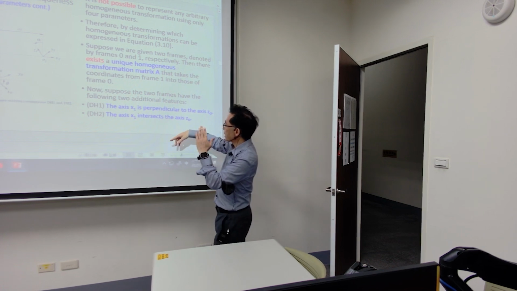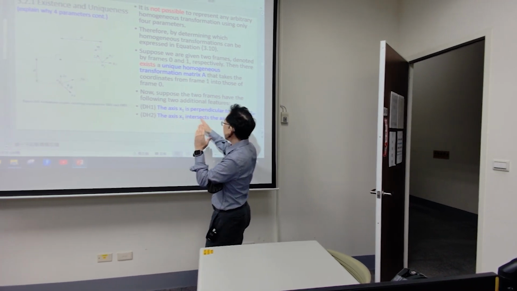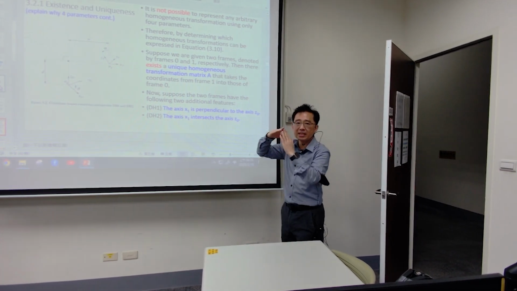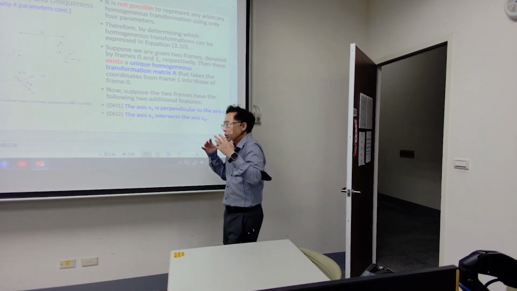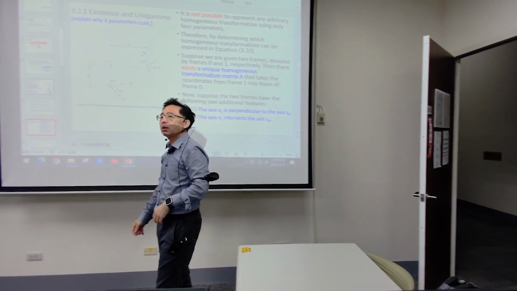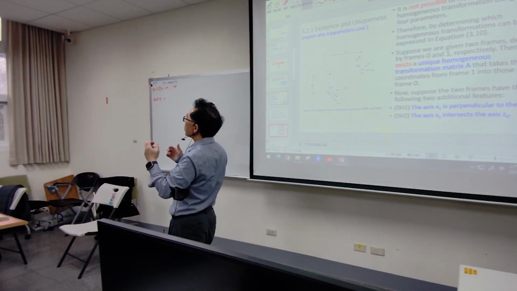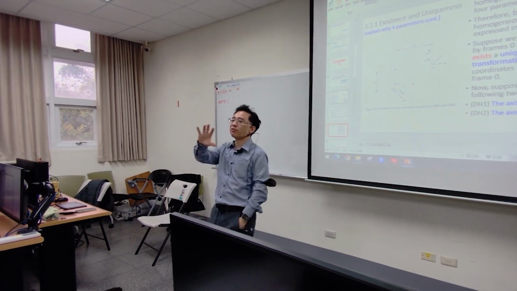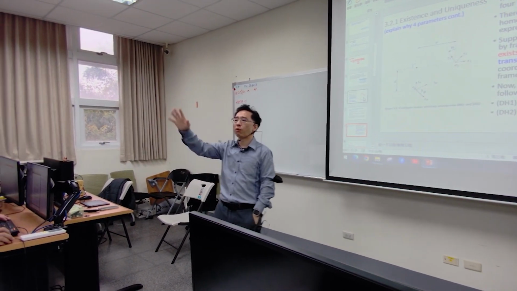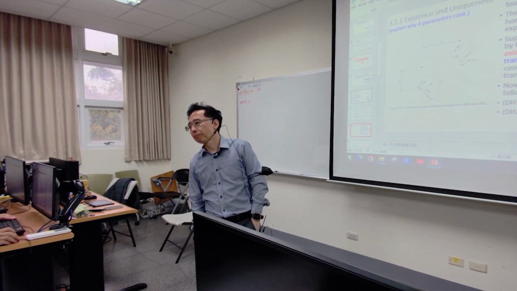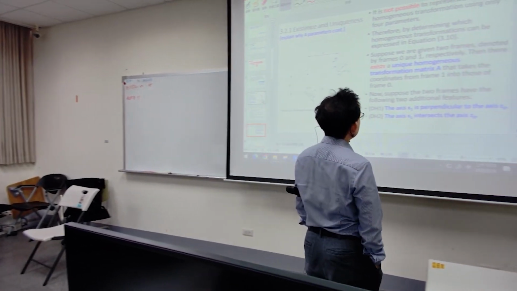The second assumption is they must intersect z0. This is such a simple assumption, but it reduces the original 6-parameter transformation matrix to 4. How smart is it, right?